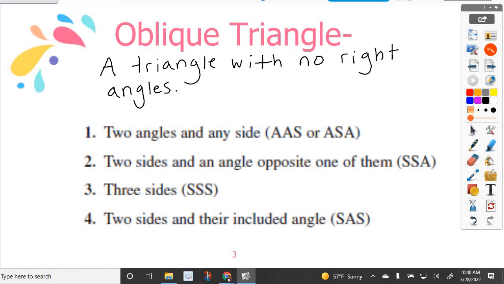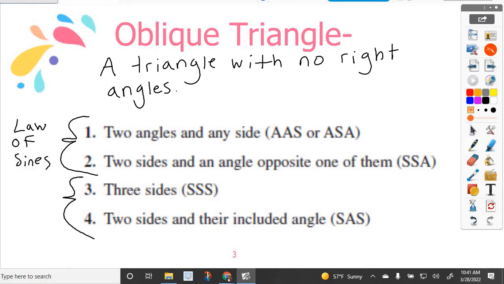Now, on the second one, you were probably told that you can't use side, side, angle. It does need to be in that order. You were probably told that you can't use that one, and that's because it's a little bit tricky to use, and that's what's going to be called our ambiguous case for law of sines. So that's what we're going to do tomorrow. These first two are using our law of sines.